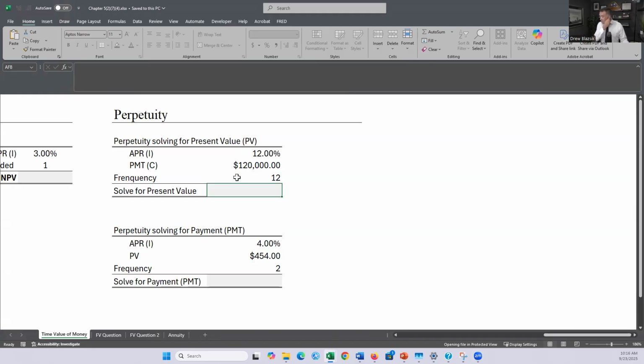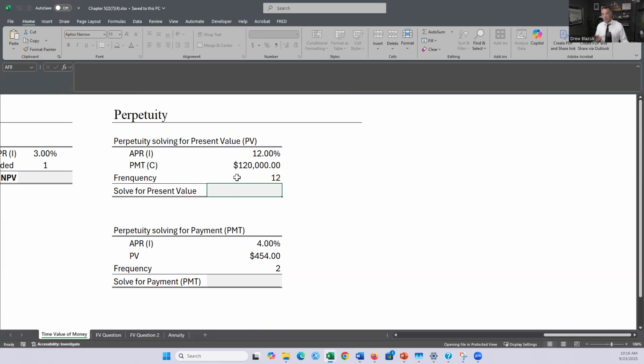So if I had $100 in my bank account and I wanted a perpetuity of 5%, that means I'm going to get $5 forever, the life of that. So it's not finite like an annuity where it ends, because what I'm doing is just pulling out that money.